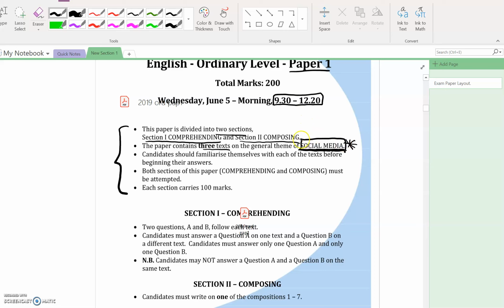So you can imagine the different questions that are posed when people talk about social media. Is it a good thing? Is it all positive? Are there any negative aspects to social media? What are they? And what are the positive aspects? And what forms of writing might you be asked to write in if the theme of the paper is based around something digital?